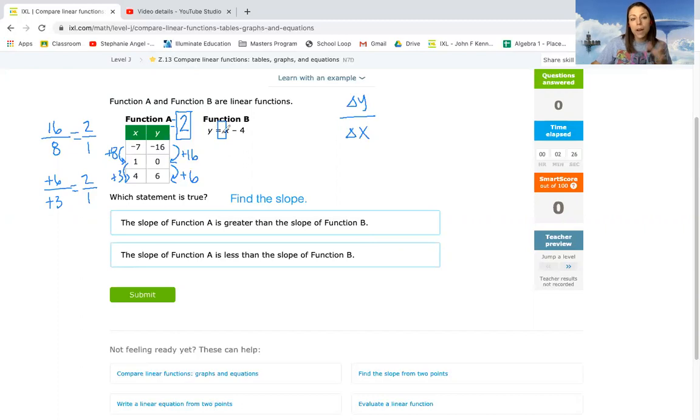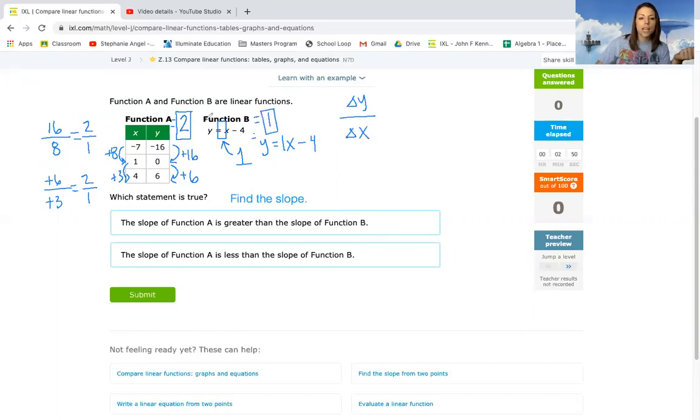But if it was 0, x wouldn't be there either. So what is always hidden in front of every number? Like, what times x also equals x? That is a hidden 1. So this could be the same thing as y equals 1x minus 4. So in this case, the slope of function B is 1.